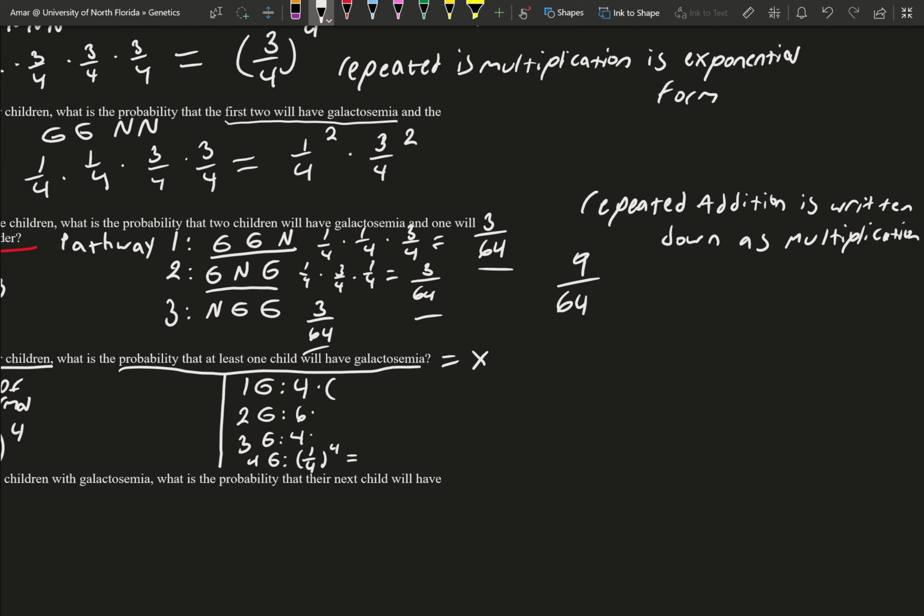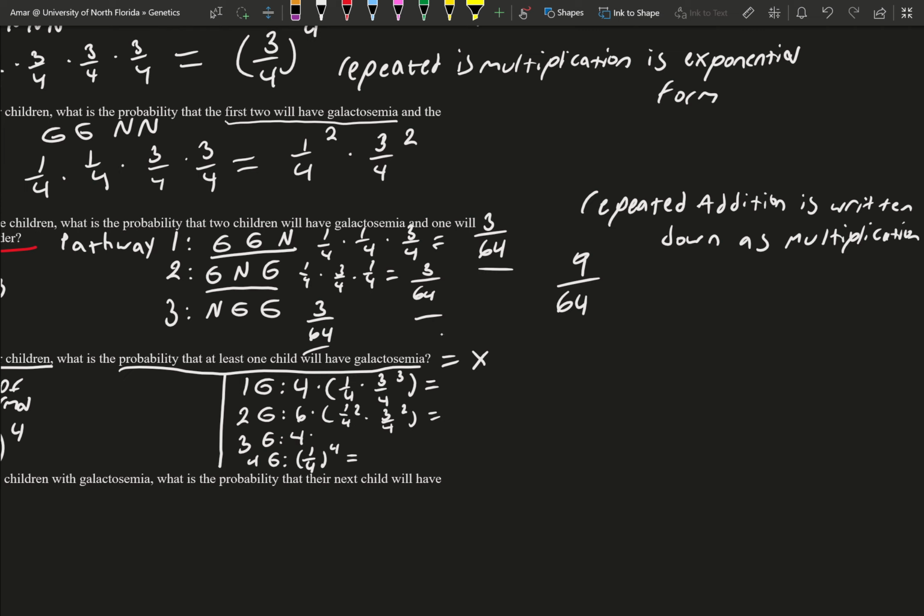So with this situation where we only have 1 galactosemic child, it's 1/4 multiplied by 3/4 to the 3rd power. In this situation here, it's 1/4 to the 2nd power times 3/4 to the 2nd power.